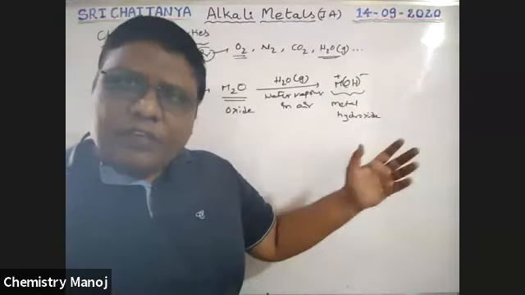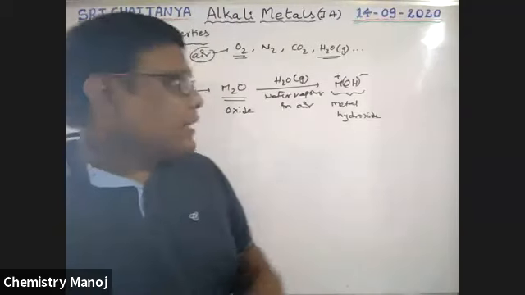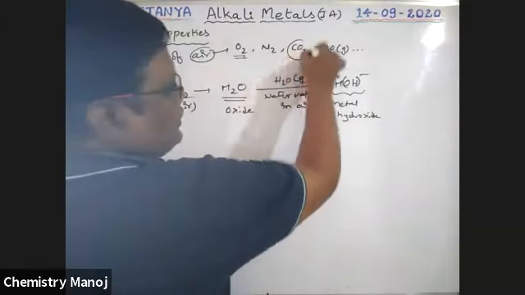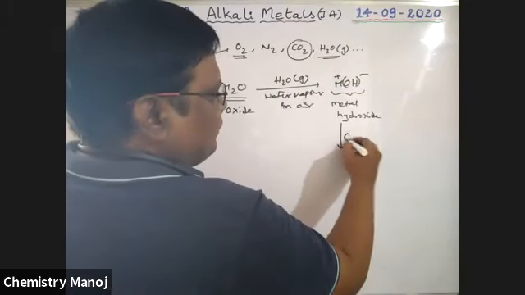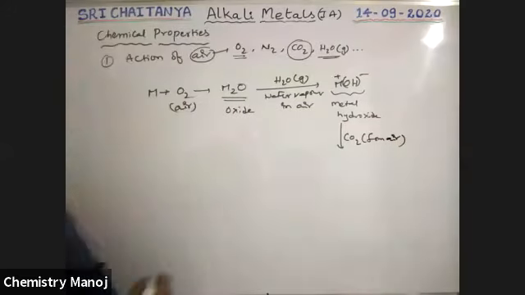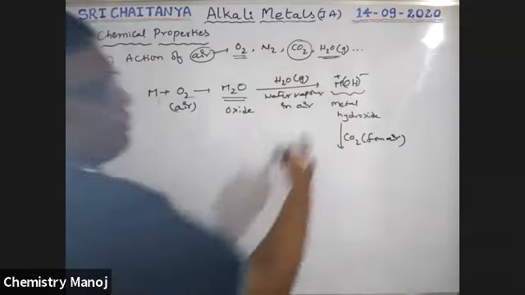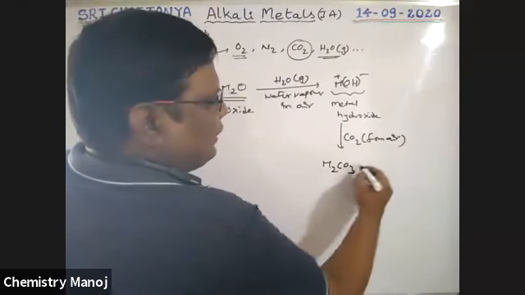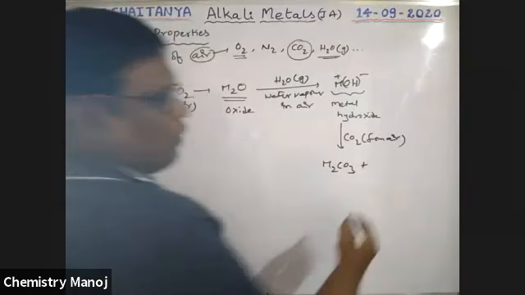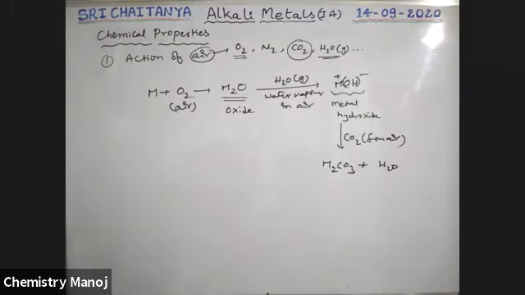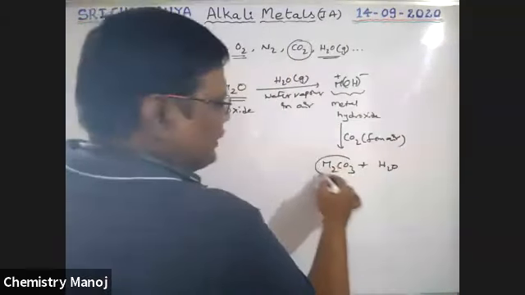This formed metal hydroxide further reacts with the CO2 present in air. So metal hydroxide plus CO2 gives M2CO3, metal carbonate, and water vapor is released. So the respective carbonate is the final product.